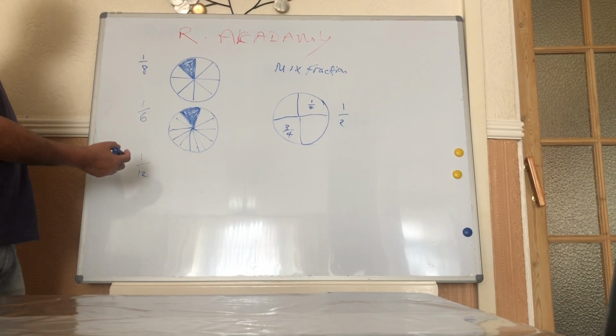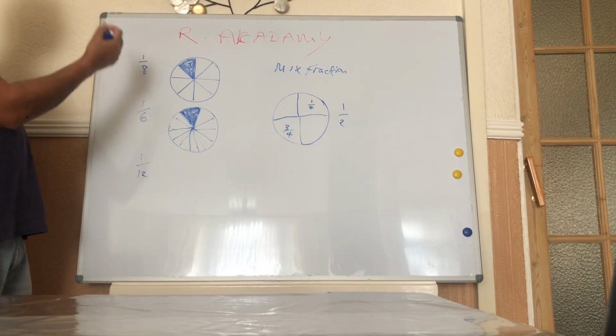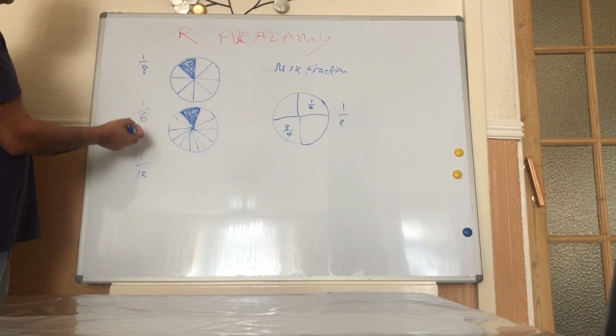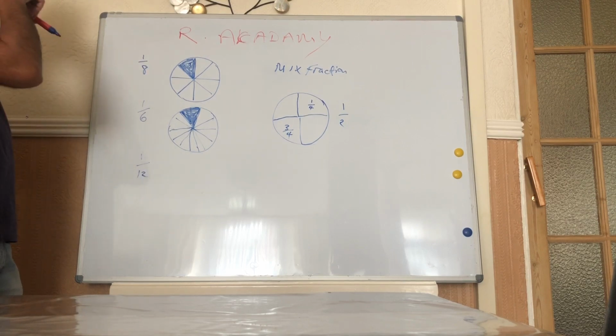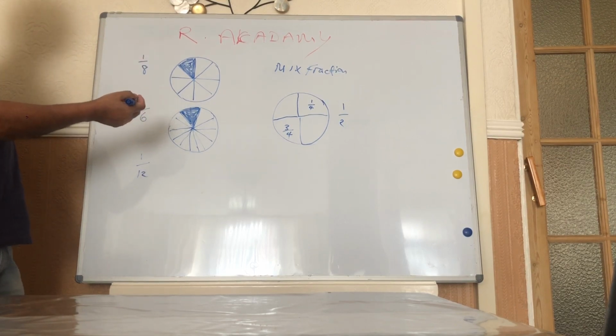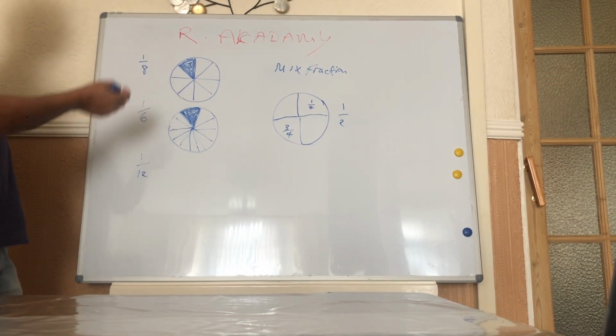So therefore, as the number goes up, say from a quarter to a 6th to an 8th to a 12th to a 20th, the slice becomes smaller because you have to fit more slices in there.